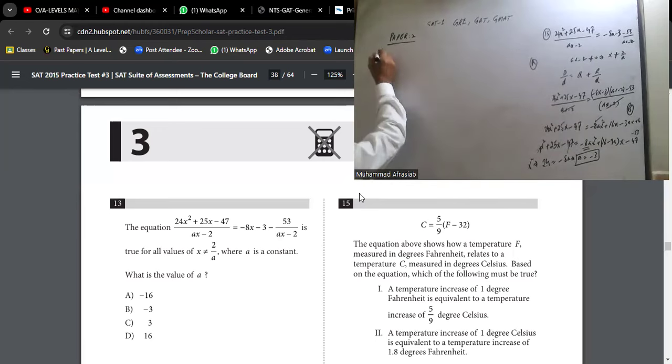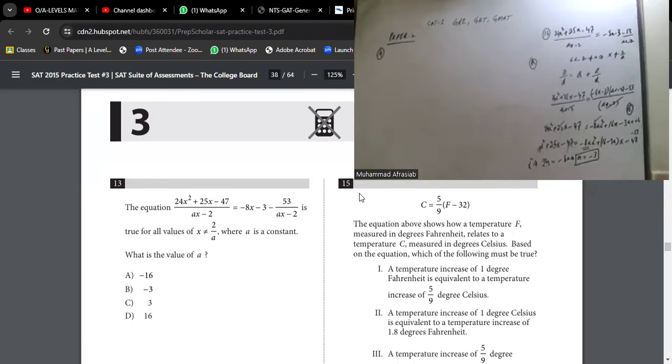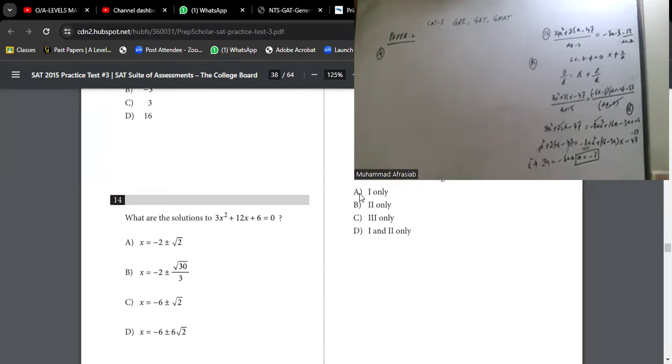Fourteen. What are the solutions of 3x² + 12x + 6 = 0? Divide by 3 on both sides: x² + 4x + 2 = 0.